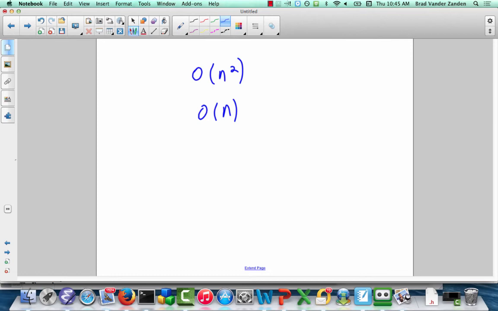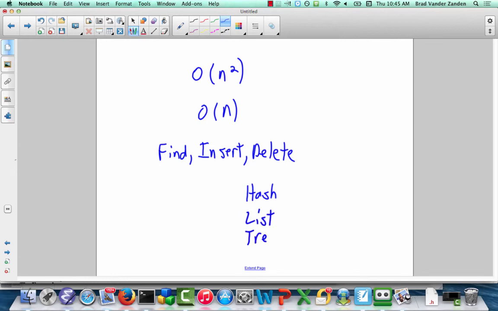That's why, with hash tables, when I say all I have to do is find, insert, and delete, and I ask you which do you prefer, a hash table, a list, or a tree, I expect you to say a hash table, because on average, a hash table takes constant time to do its operations. A list takes order n time, at least for find and delete, and a tree takes log n time. So among these three, the hash table wins.